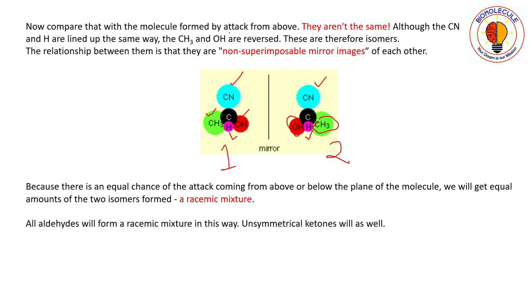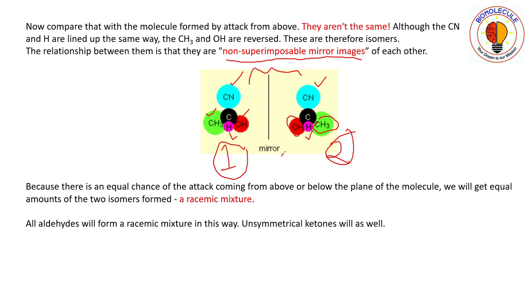So these two, the first molecule and the second molecule, the cyanohydrins, are two isomers, and the relationship they share is that they are non-superimposable mirror images.